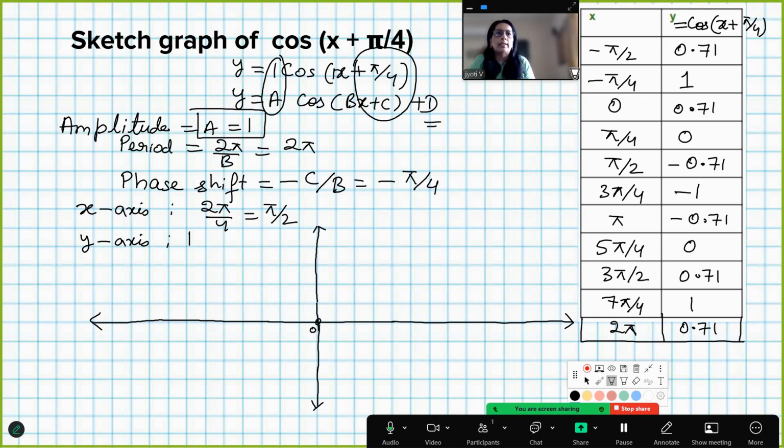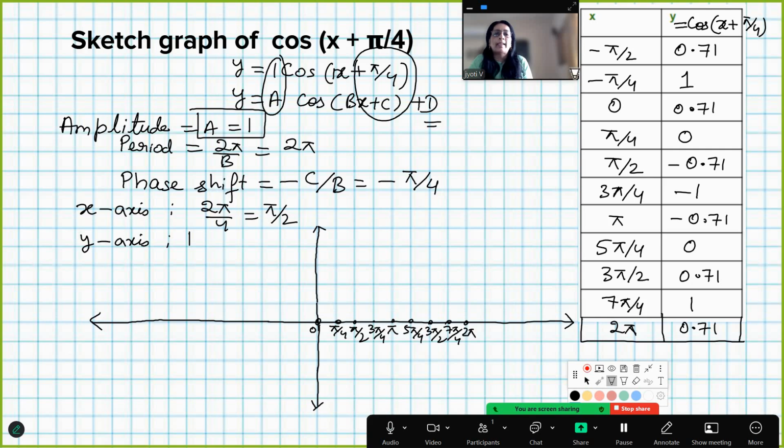Every one unit is pi by 4. So here this is pi by 4, then pi by 2, then 3 pi by 4, then there is pi, 5 pi by 4, 3 pi by 2, 7 pi by 4, and then 2 pi.